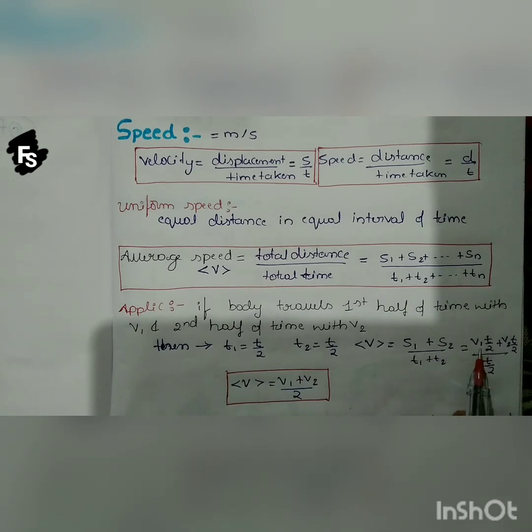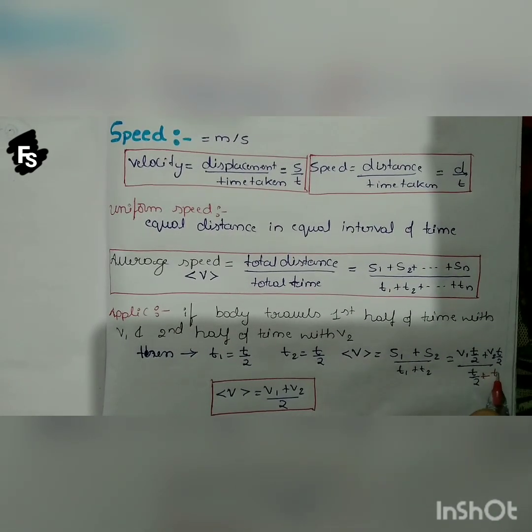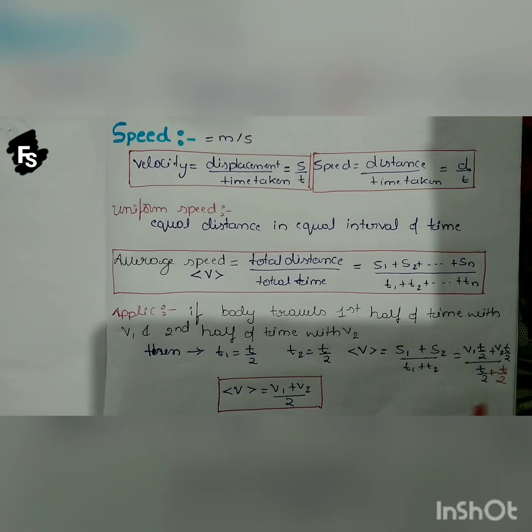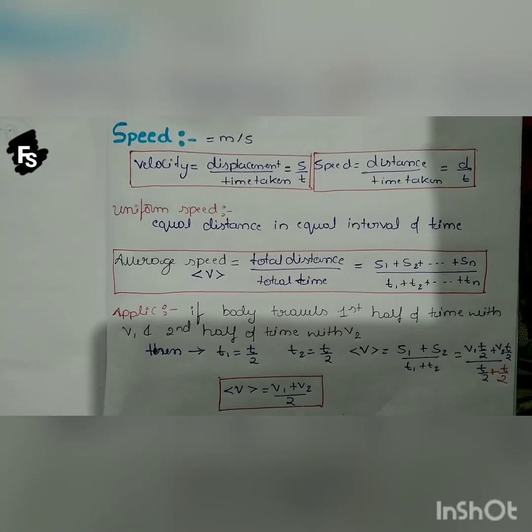So v1 into t by 2 plus v2 into t by 2, whole divided by total time taken, t by 2 plus t by 2. On solving this, we will get average speed equal to v1 plus v2 by 2. This is how we can solve the applications of average speed.